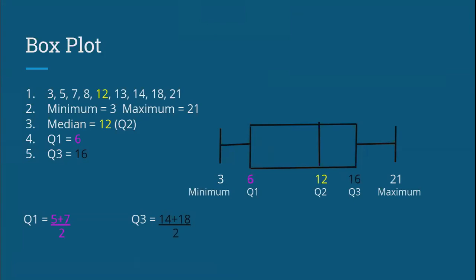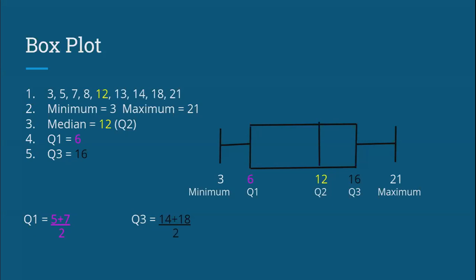If you did not get the box and whisker, then write down the steps and their responses. So first, you put the numbers in the data in numerical order. Second, you identify the minimum and maximum values. Third, you find the median of the data set, so of the entire data set, which will divide the data in half.